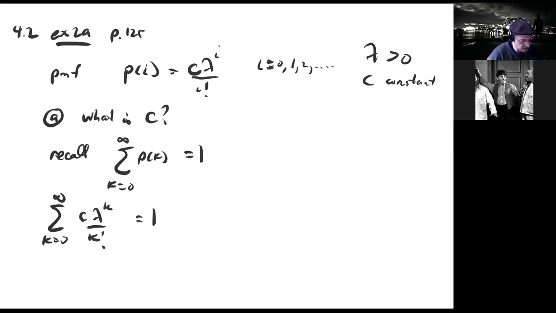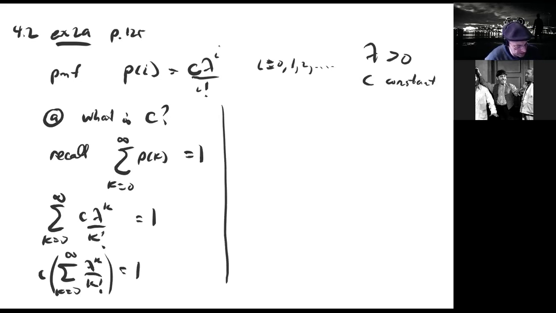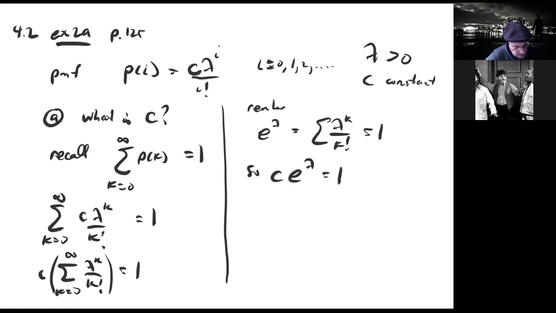I factor out a C, and we get C times the sum K goes from 0 to infinity of lambda to the K over K factorial is equal to 1. Now this summation, if you recall your exponential function, remember that e to the lambda is equal to this sum. That's also from Calc 2. So therefore, C times e to the lambda equals 1, and that tells me C equals e to the minus lambda. So that's part A.